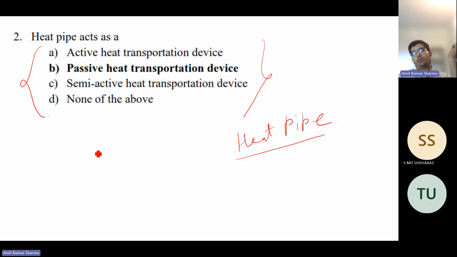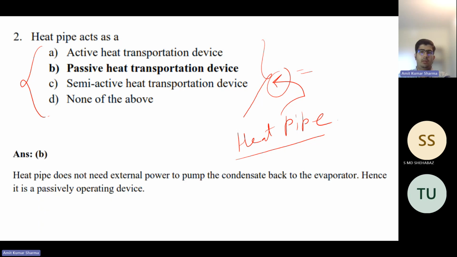Okay. So as you told, heat pipes do not have any external power source. That's why they are passive heat transportation devices. In an active heat transportation device, we have to use some external power source for the heat transportation, like a pump. Suppose we are pumping the condensate back to the evaporator.